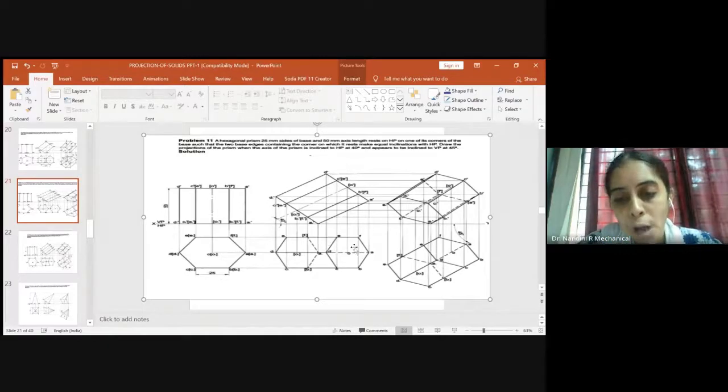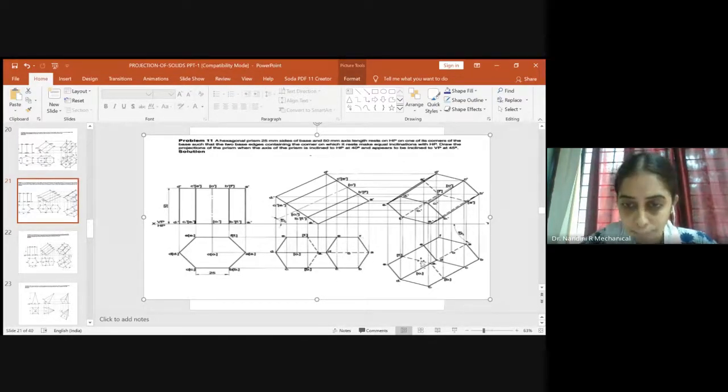The outer boundary we have joined already. The remaining sides we have to darken, right? So you will darken E to D and D to C. This we had darkened already as part of the outer boundary. After that, the second aspect is that if you have any projection line coming through the inside of the top surface, it will be hidden.